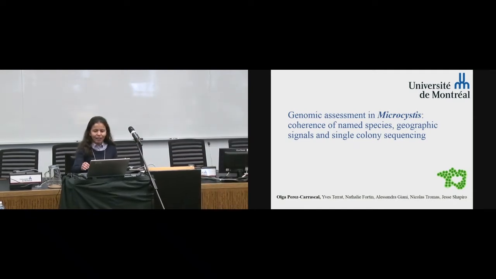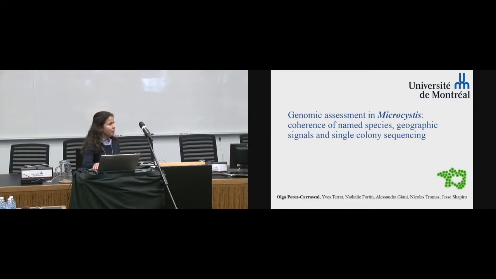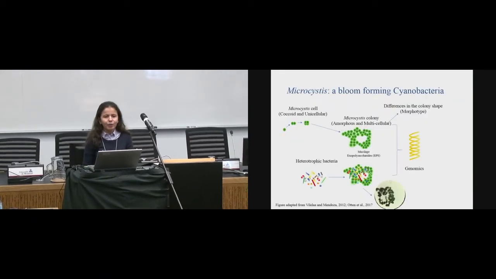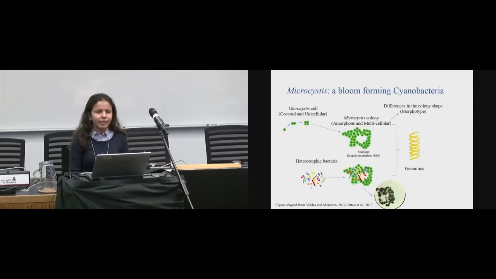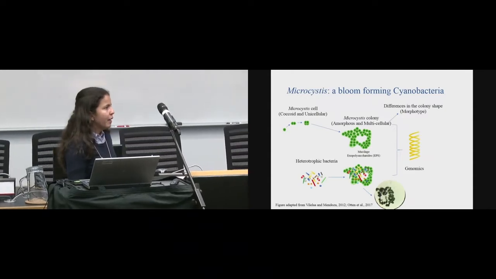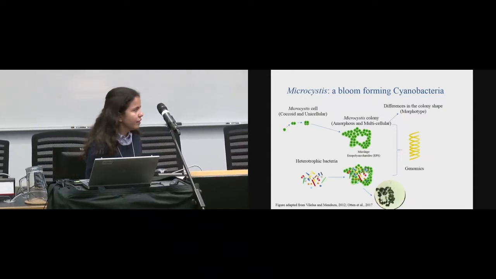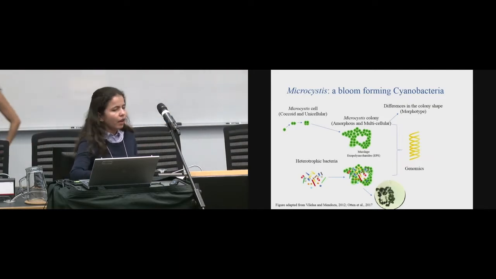Hello, everyone. Today I'm going to talk about genomics in Microcystis. Microcystis is a bloom-forming cyanobacteria. We can find Microcystis in freshwater lakes, also in reservoirs and lakes. Microcystis is unicellular.